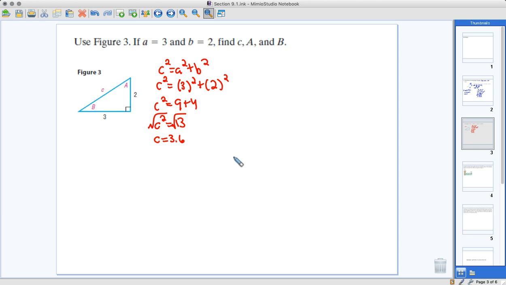Next you decide which angle you're going to find. I'm going to find big B first. So opposite side, adjacent side. If I can avoid using my rounded side, I'm going to. In this case, I can. So I'm going to have tangent of big B equals 2 over 3. To find an angle, we have to undo the tangent, so we take the tangent inverse of both sides. So B is the tangent inverse of 2/3.